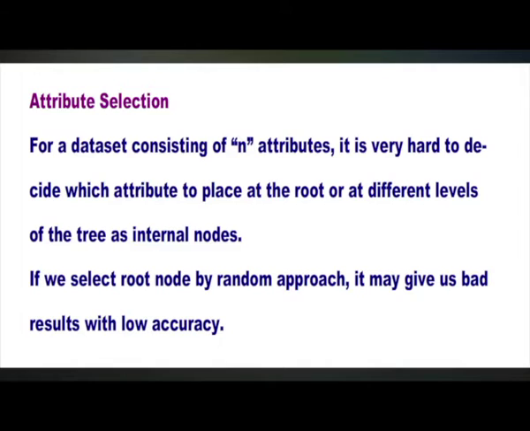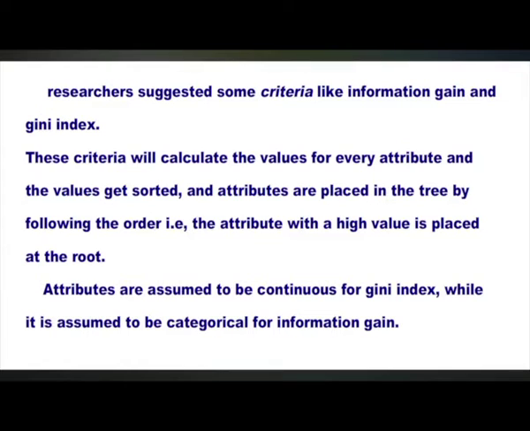If we select the root node by a random approach, it may give us bad results with low accuracy. For solving this attribute selection problem, researchers suggested some criteria like information gain and Gini index.